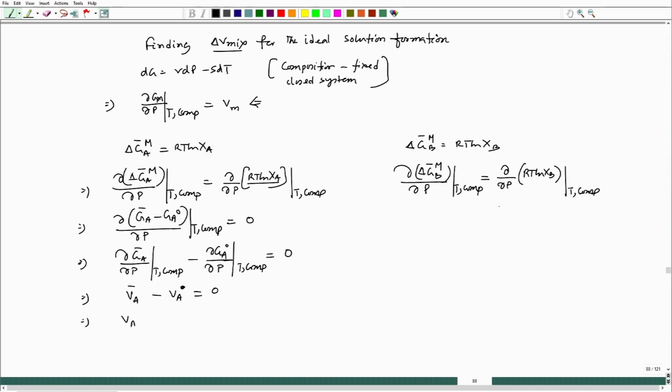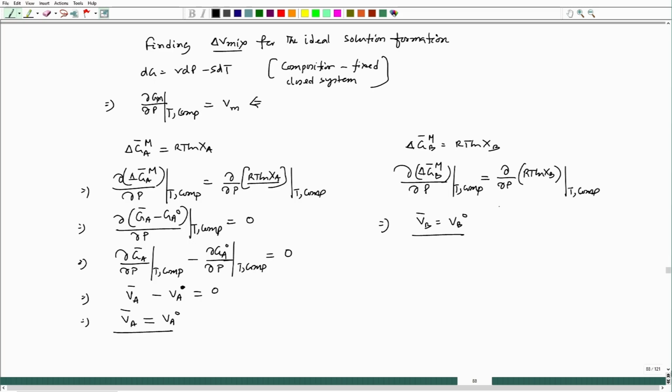So, this gives me V A bar equal to V A naught. Similarly, if we do this treatment for B, we will get V B bar equal to V B naught. That means before mixing and after mixing, the volume change is not there.